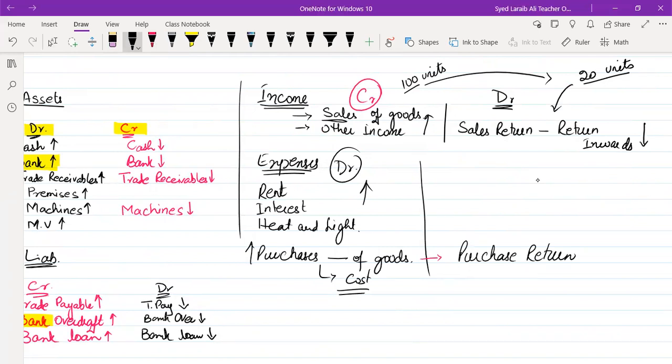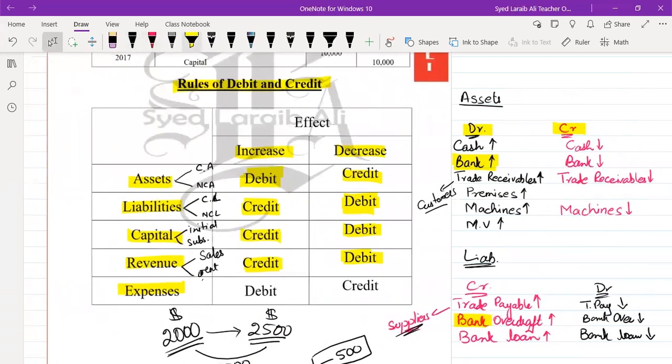And when purchase is returned, it reduces our expenses. And when it reduces our expenses, it is recorded on credit side. And this is what is written here. When expense increase, it is recorded on debit side. When it decreases, it is recorded on credit side. Hope it is clear to you.